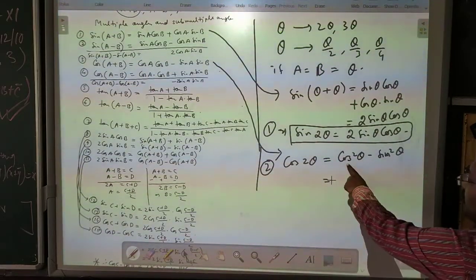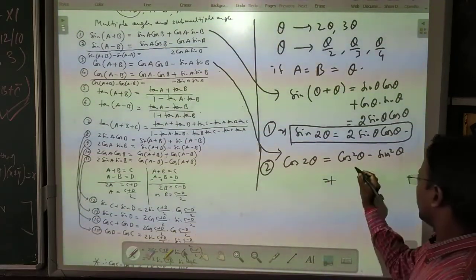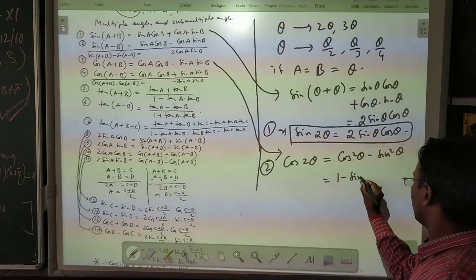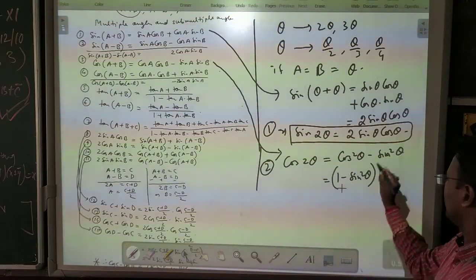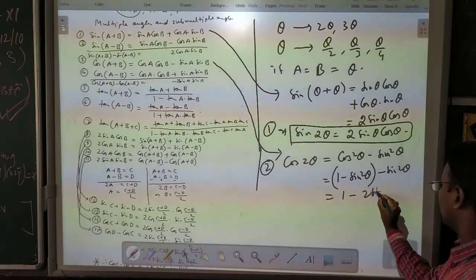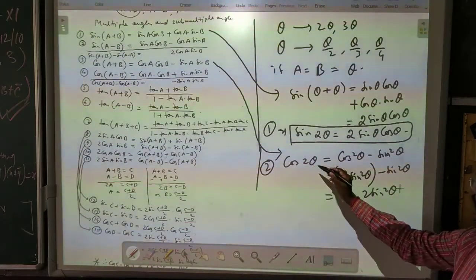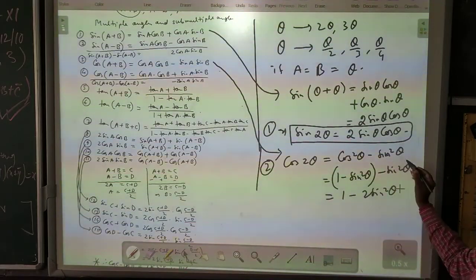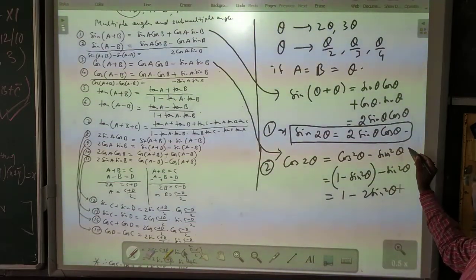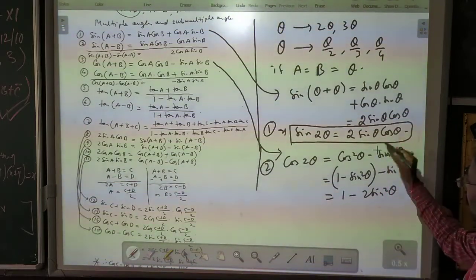You know, sin square plus cos square is equal to 1. So cos square theta is 1 minus sin square theta, minus sin square theta. So we get 1 minus 2 sin square theta. If you are writing cos 2 theta in terms of cos square, then we need to change this sin square theta into cos square theta.